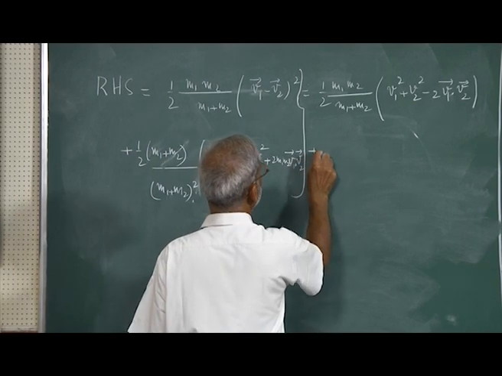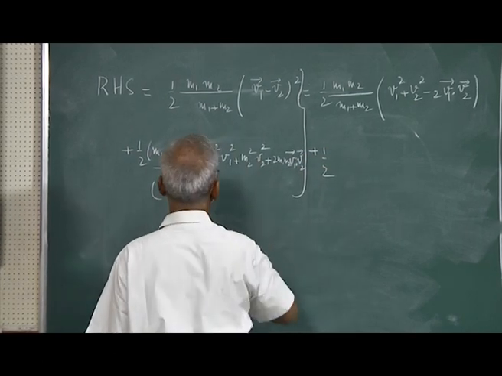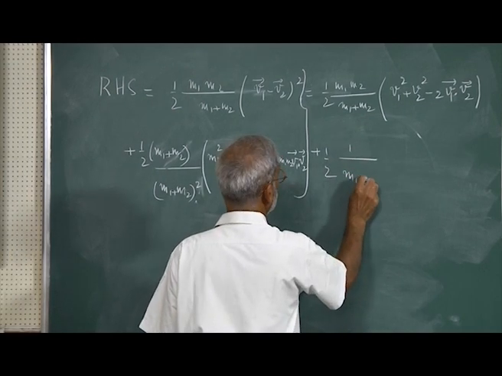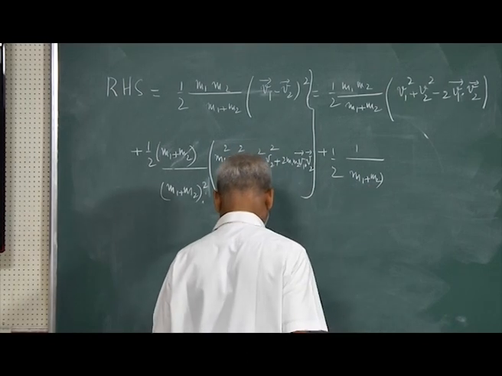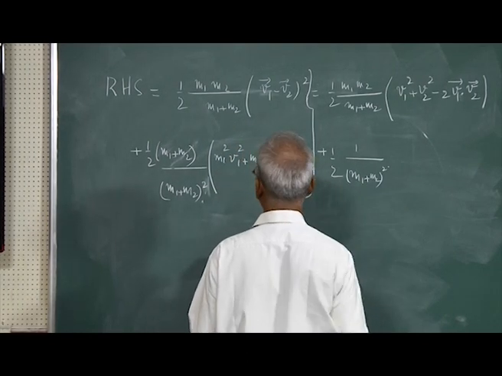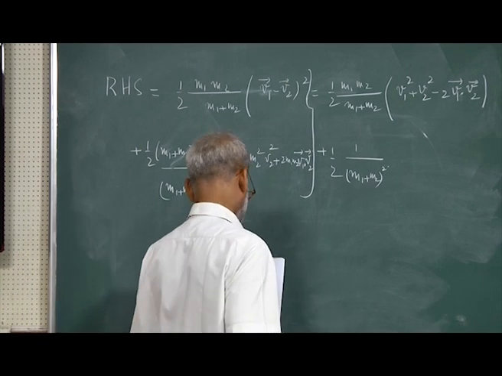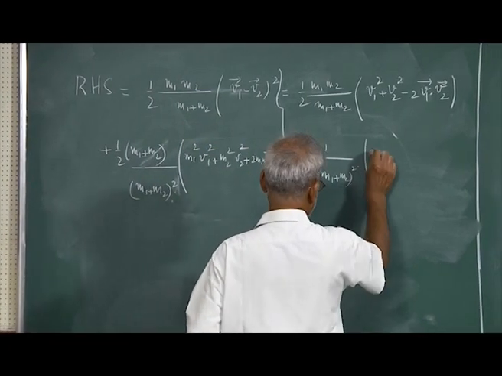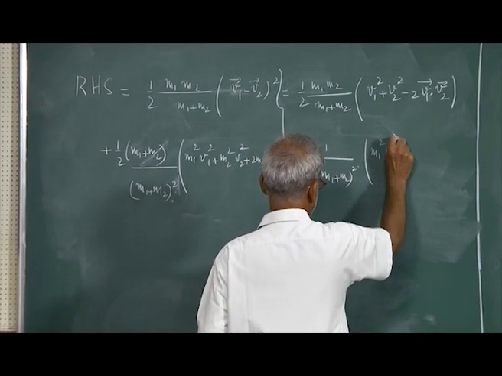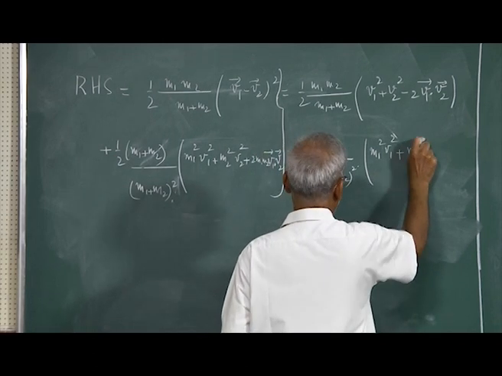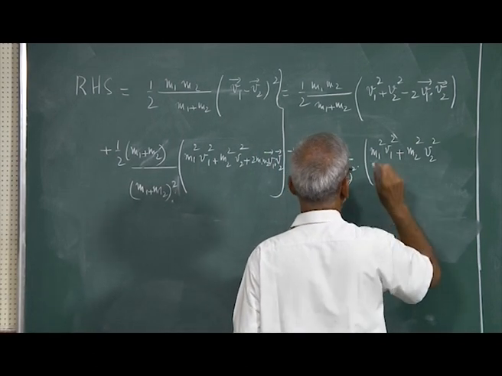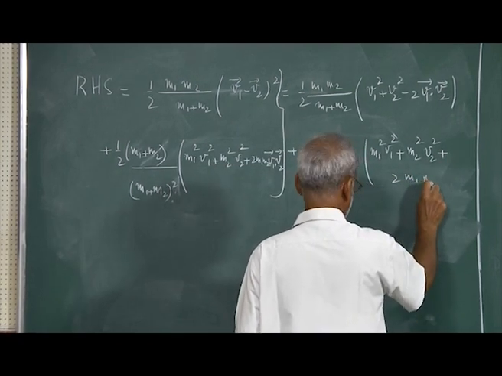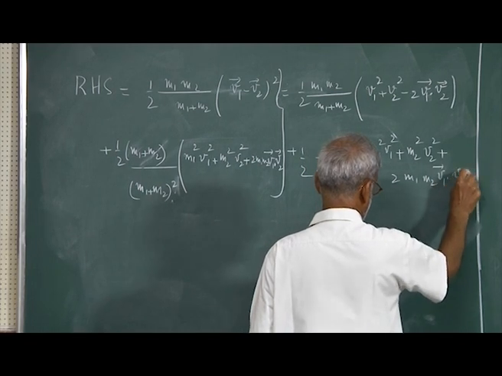This will be plus half of, this will disappear, I will have 1 over m1 plus m2 the whole squared, and I will have here m1 squared v1 squared plus m2 squared v2 squared plus 2 m1 m2 v1 dot v2.